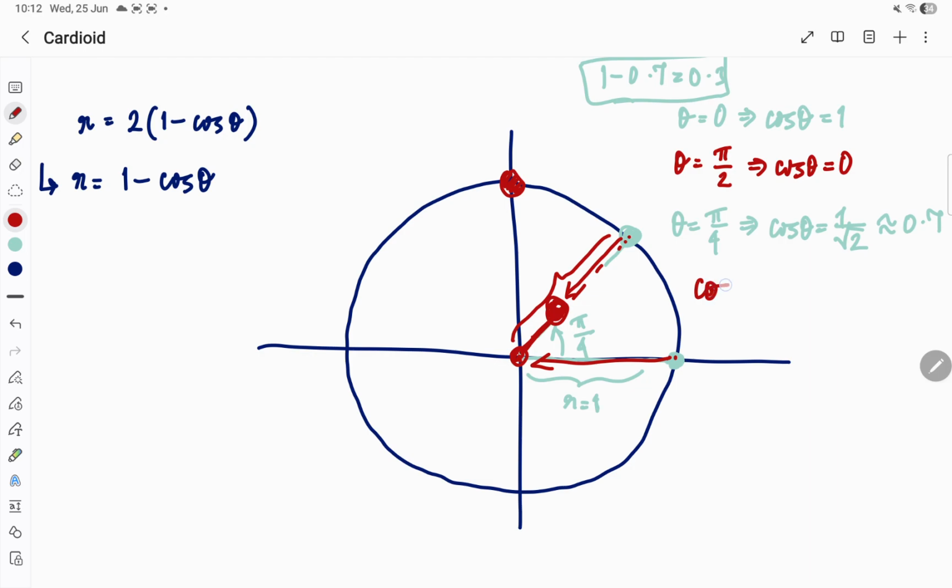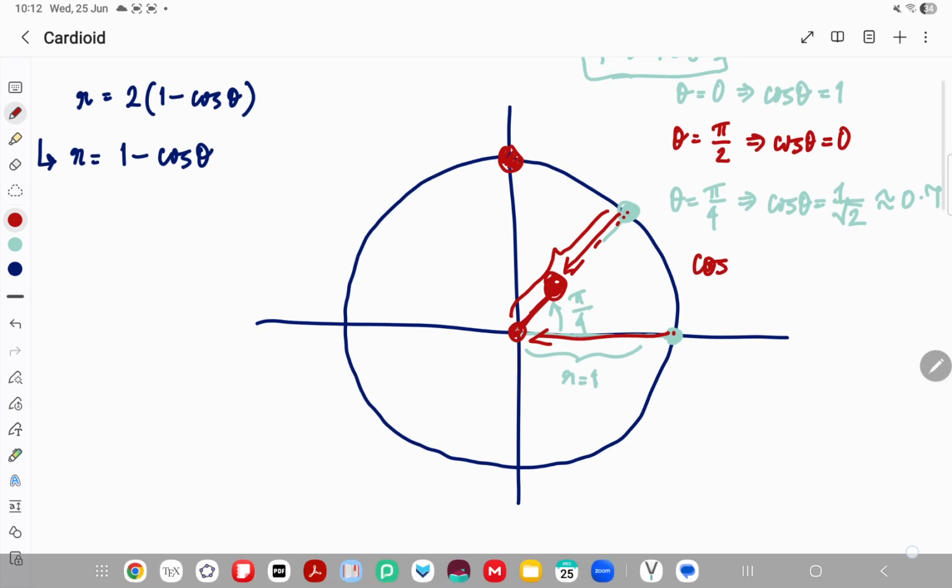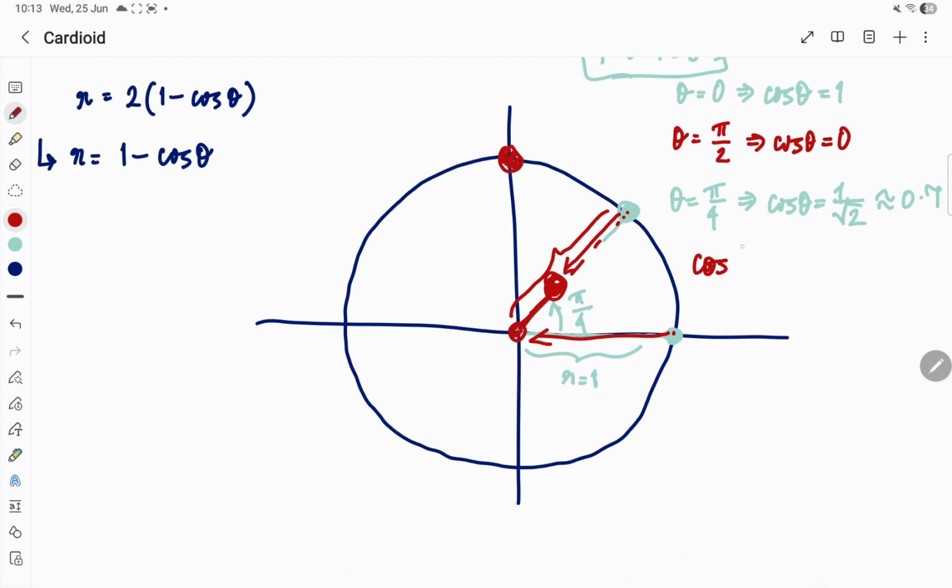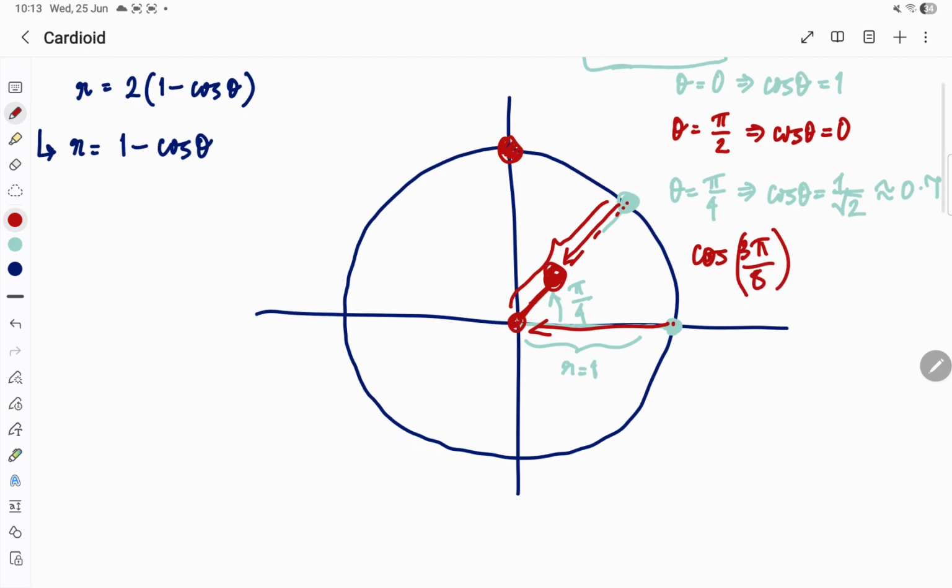Let's see what is cos. This is pi by 4. So let's say three pi by 8. That is close to 0.4.